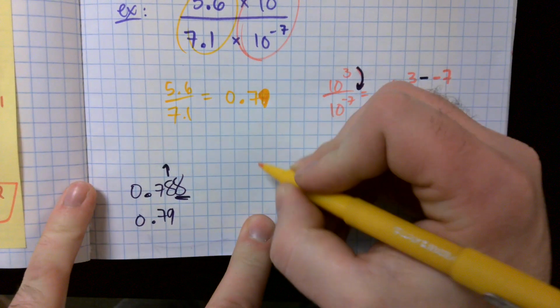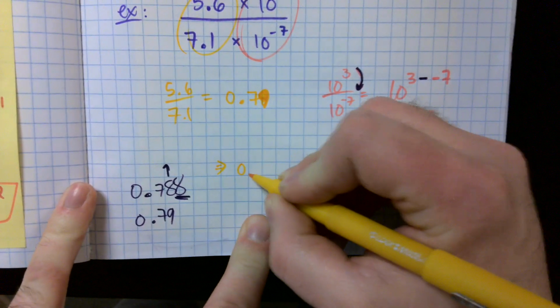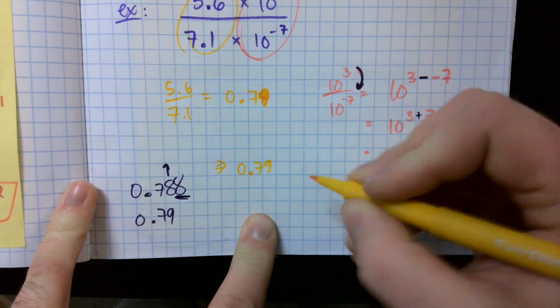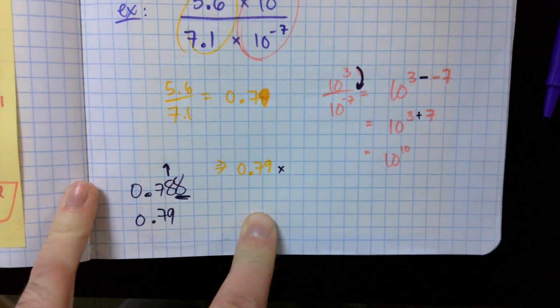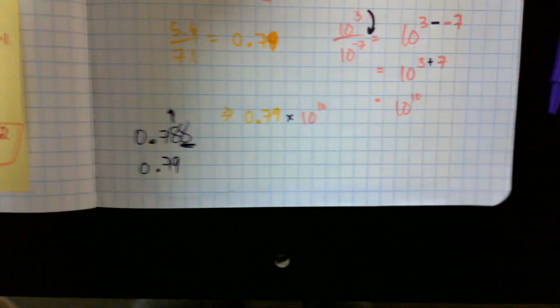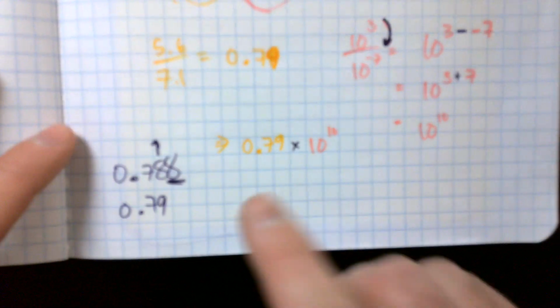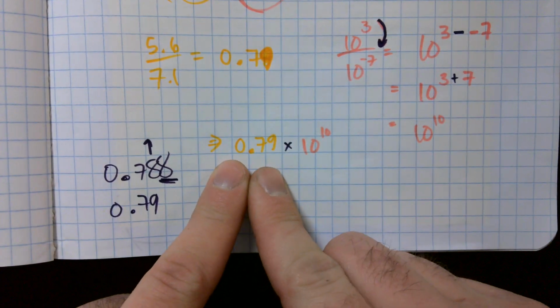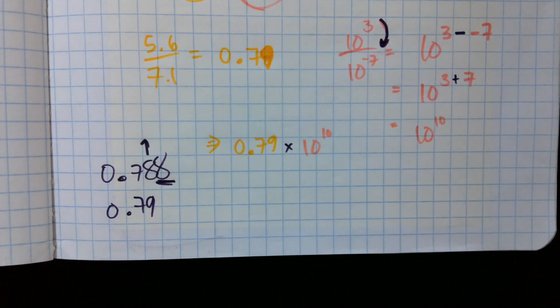All right, I'm going to put those together. 0.79 times 10 to the 10th. Is that good for a final answer? No. Is my leading number too big or too small? Too small. So if it's too small, what should I think about doing to my exponent on that 10?